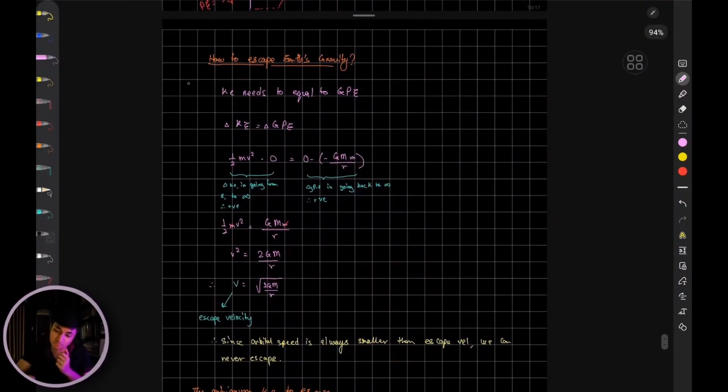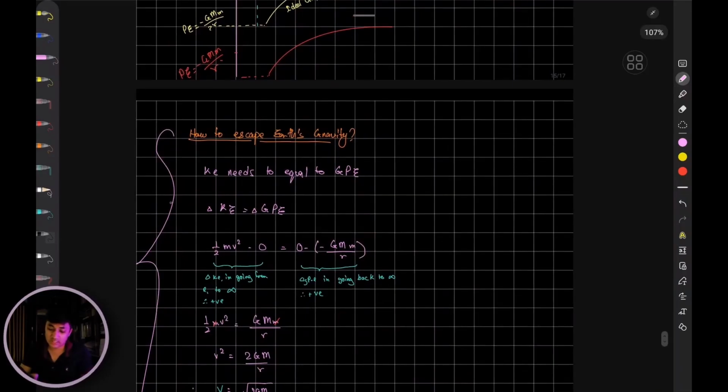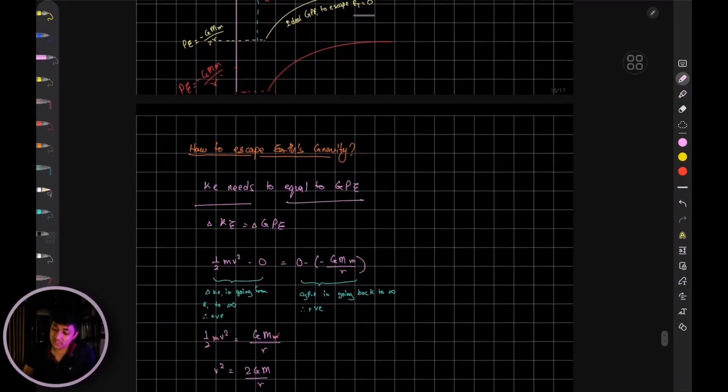Now, how do we make the satellite escape Earth's gravity? As mentioned, the KE needs to be equal to the gravitational potential energy. So, if this is Earth, this is the satellite, and this is infinity, for the object to go from this position to infinity, its change in gravitational potential energy needs to be equal to its change in kinetic energy.